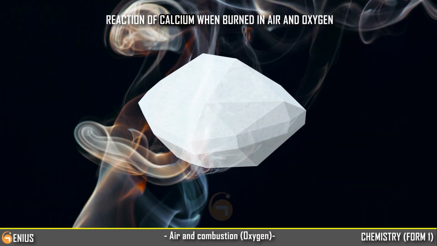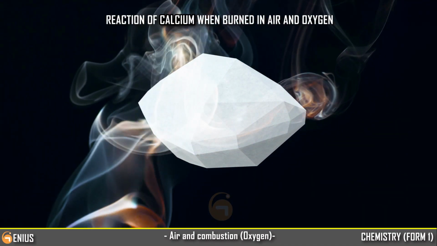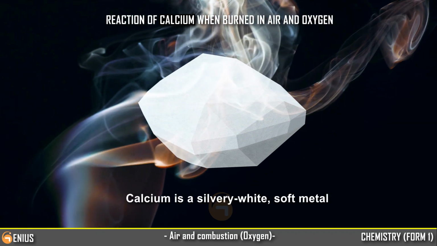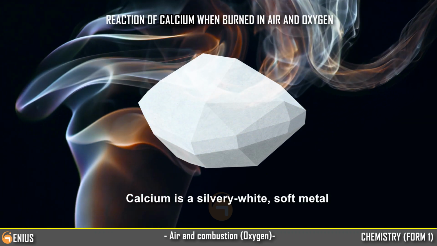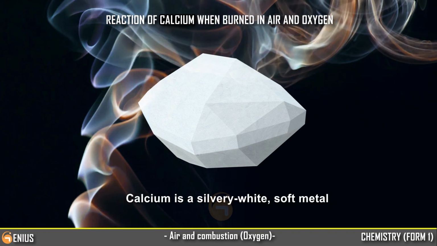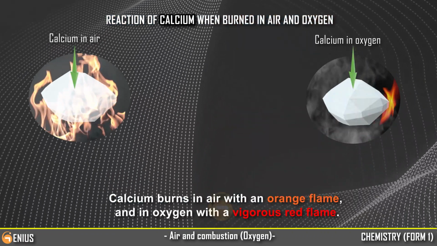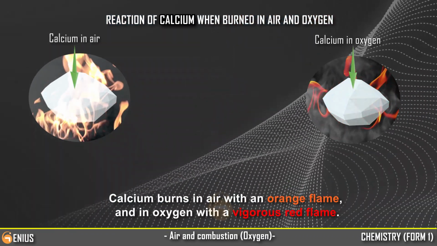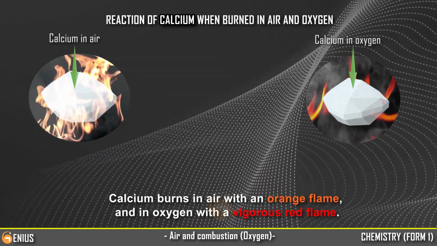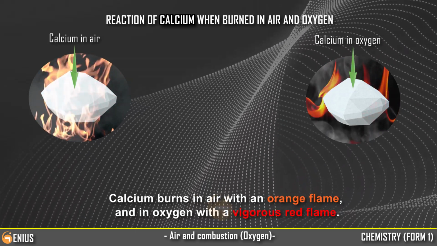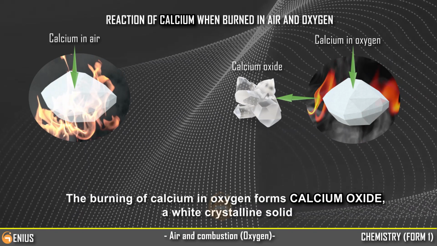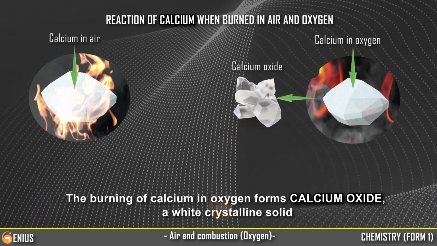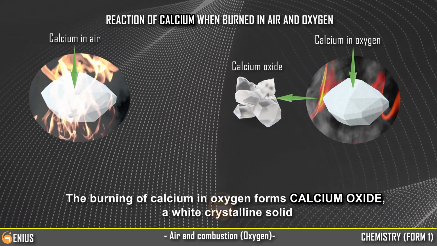Reaction of calcium when burned in air and oxygen. Calcium is a silvery white, soft metal. Calcium burns in air with an orange flame, and in oxygen with a vigorous red flame. The burning of calcium in oxygen forms calcium oxide, a white crystalline solid.